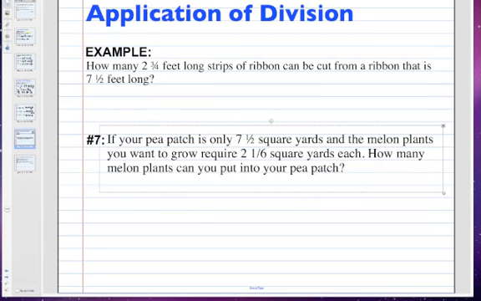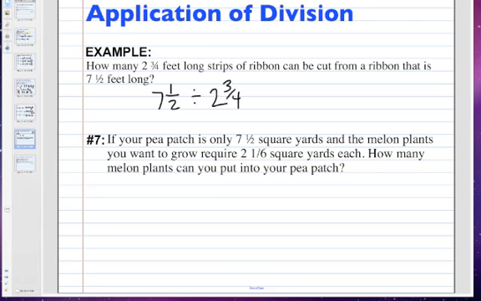All right, now we want to work on applying this knowledge of division. So if I have a ribbon that's 7.5 feet long, and I need to see how many 2 3/4 feet pieces I can make, I'm really dividing that 7.5 foot long ribbon into 2 3/4 sections. So the first thing I do is make them into improper fractions.